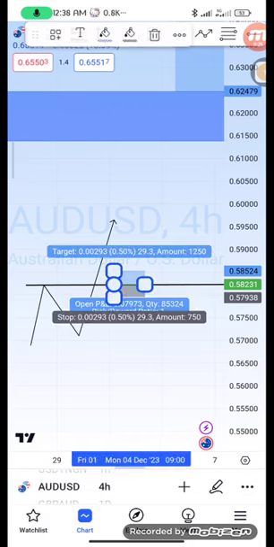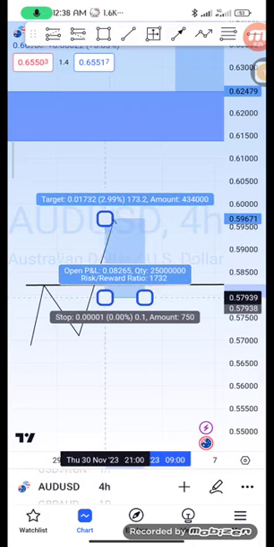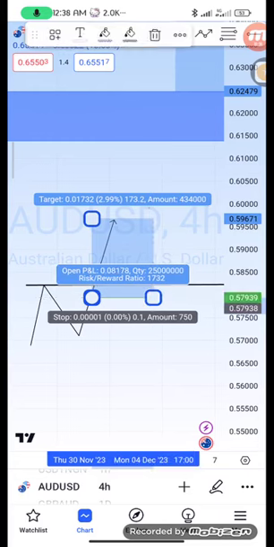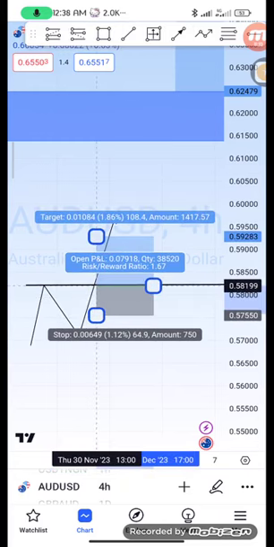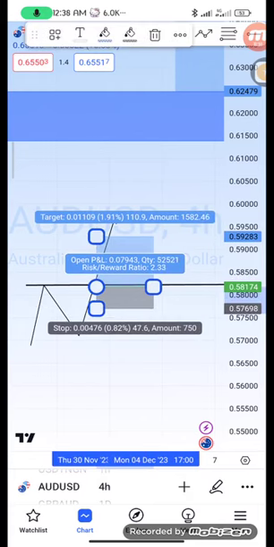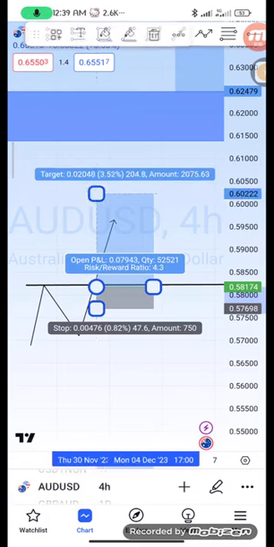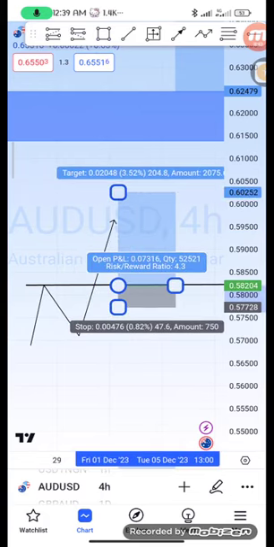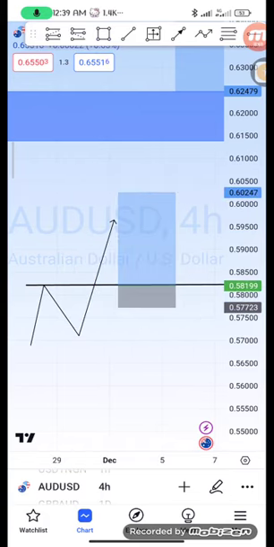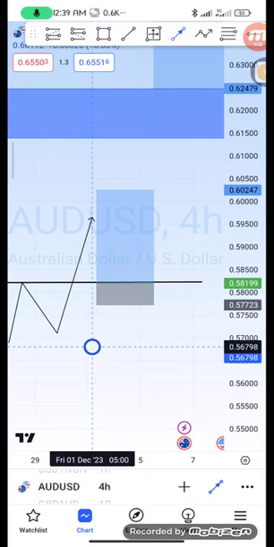As you can see, my target is to take profit here, and my SL should be below my zone. I'm just using this as an example. Now you see that currently the price of the market is actually away from the zone where I wanted to enter. So in this situation, I can use buy limit.